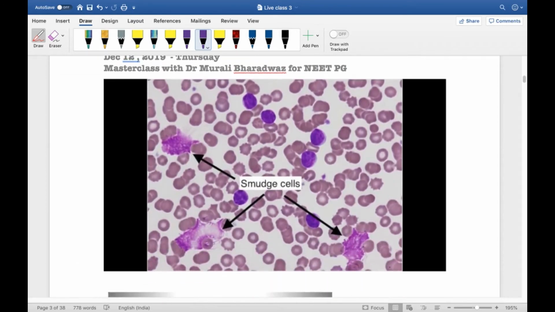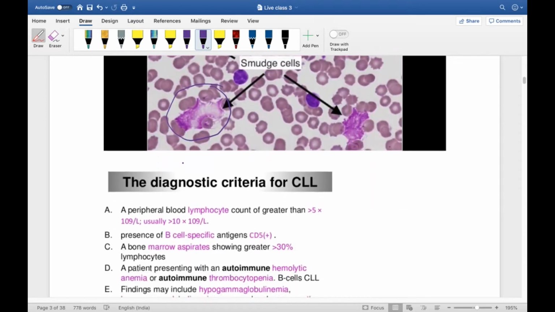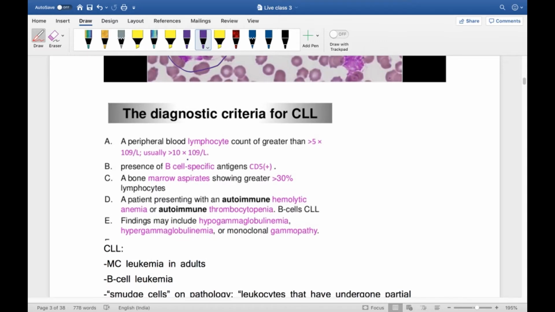Now, doctor, what is this in the peripheral smear? Tomorrow in NEET PG, they are going to give you one slide and show you the smudge cells. With the help of that, you should recognize it. Now, what are the 5 things that will be in your pocket when you go for the exam tomorrow?